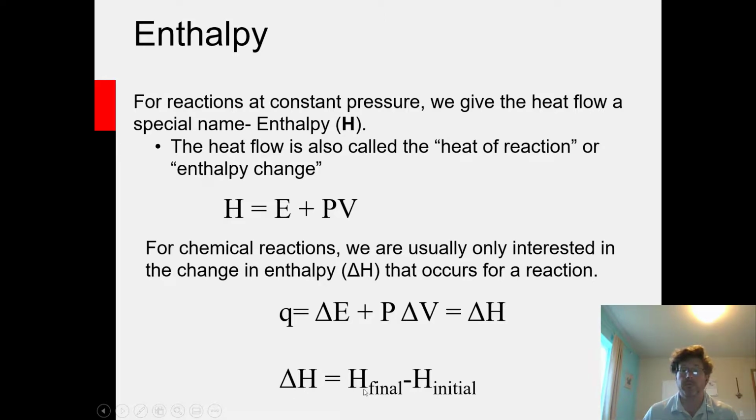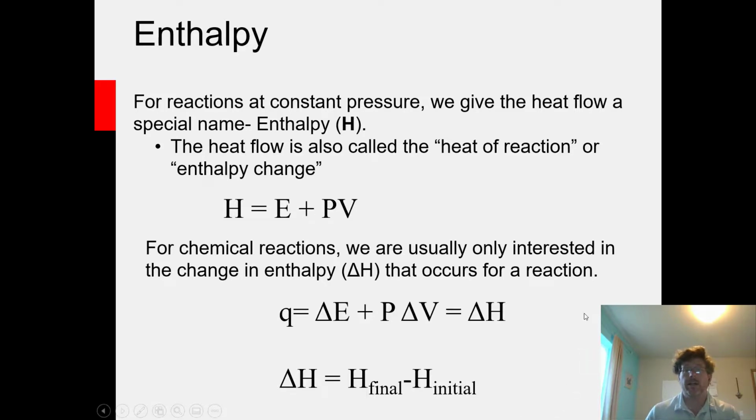Delta means difference between the final and initial conditions. So just like we use delta T in the calorimetry equation to describe the difference between final and initial temperature, here we're using delta H to describe the difference in enthalpy between the products and the reactants. So delta H becomes the enthalpy change, which is a replacement for Q, the heat flow into or out of the system.